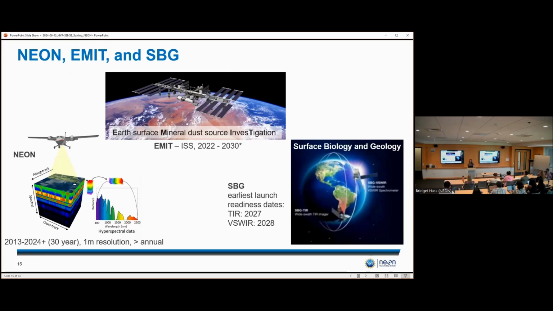And then lastly, the Surface Biology and Geology satellite is intended to launch near the end of the decade, so 2028 or around there. And that's intended to be a globally circulating satellite that will collect comparable data, but at larger areas. And that will, again, be a really complementary data set to what we're collecting here.